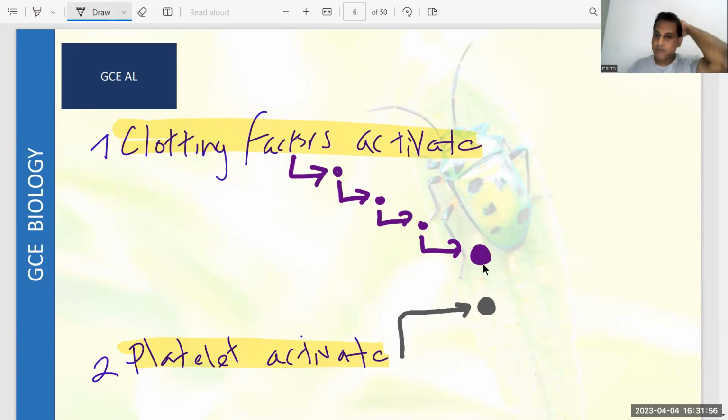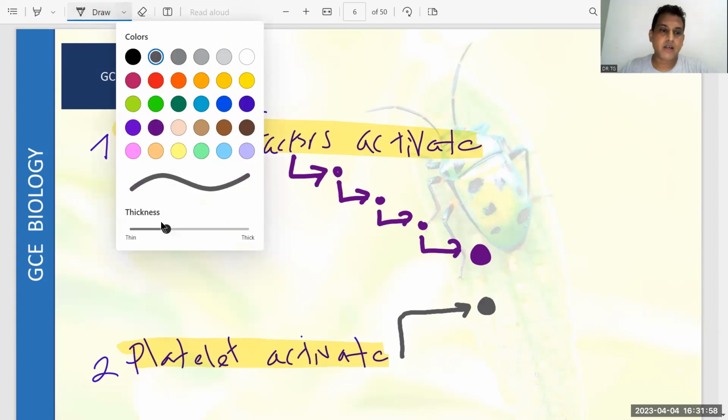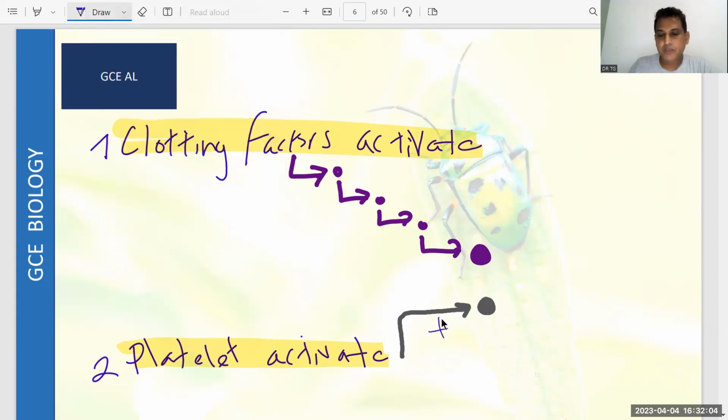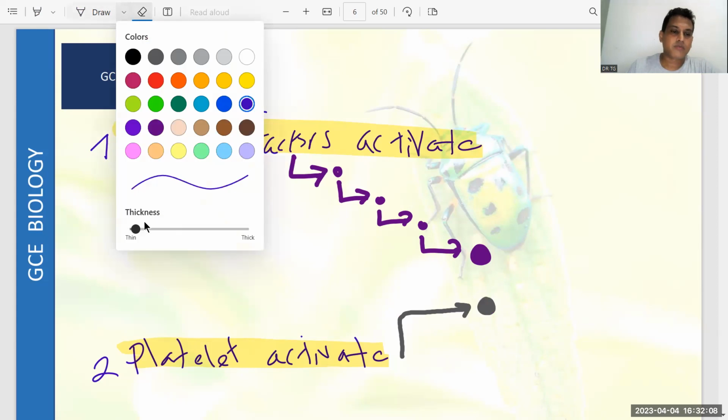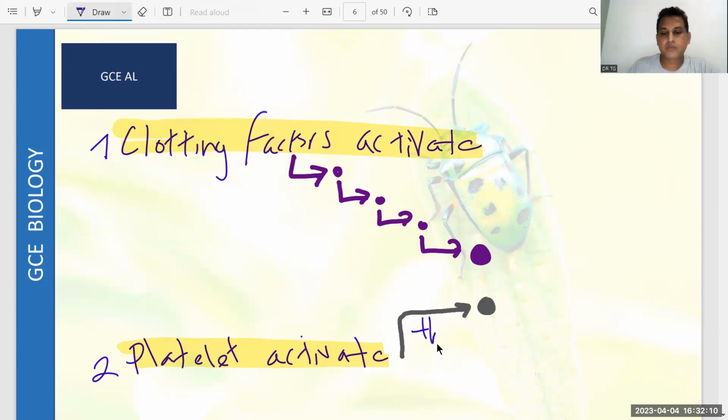Then activated platelets release chemicals, molecules. Example, thromboplastin. This is one example of a chemical which is released by activated platelets.